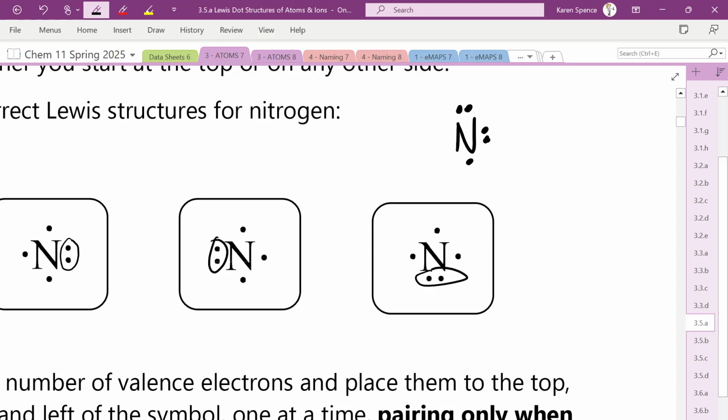You cannot double up until you've filled something in all 4 sides. So don't pair up until you have to. If you were drawing this from scratch, you would draw 1, 2, 3, 4, and then your 5th one would go there. So you go all the way around, and then the 5th one pairs up.